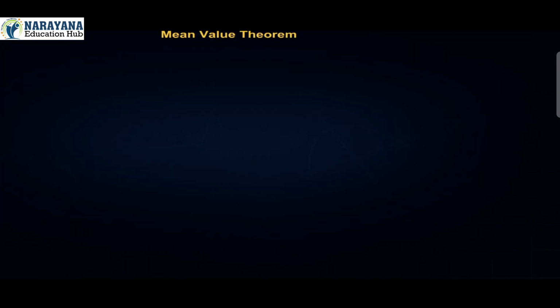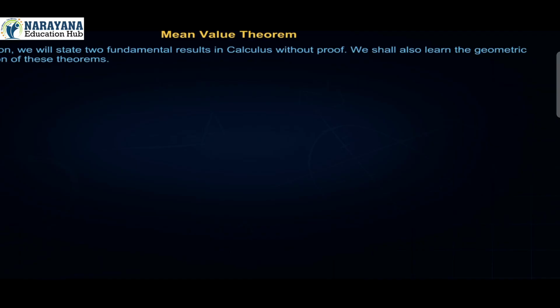Mean value theorem. In this section, we will state two fundamental results in calculus without proof. We shall also learn the geometric interpretation of these theorems. Theorem 6, Rolle's theorem.